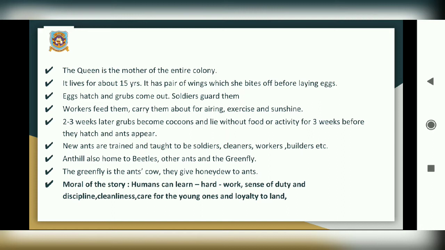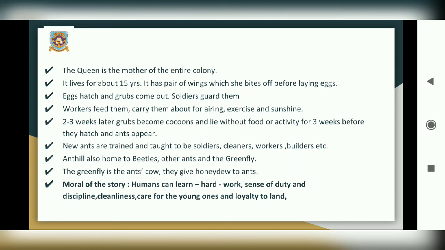Now in 2-3 weeks, grubs become cocoons and lie without food or activity for about 3 weeks before they hatch and ants appear. When the new ants come out of their cocoons, they are trained and taught to be soldiers, cleaners, workers, builders, etc. So from the very beginning, ants are trained in their specialized work.